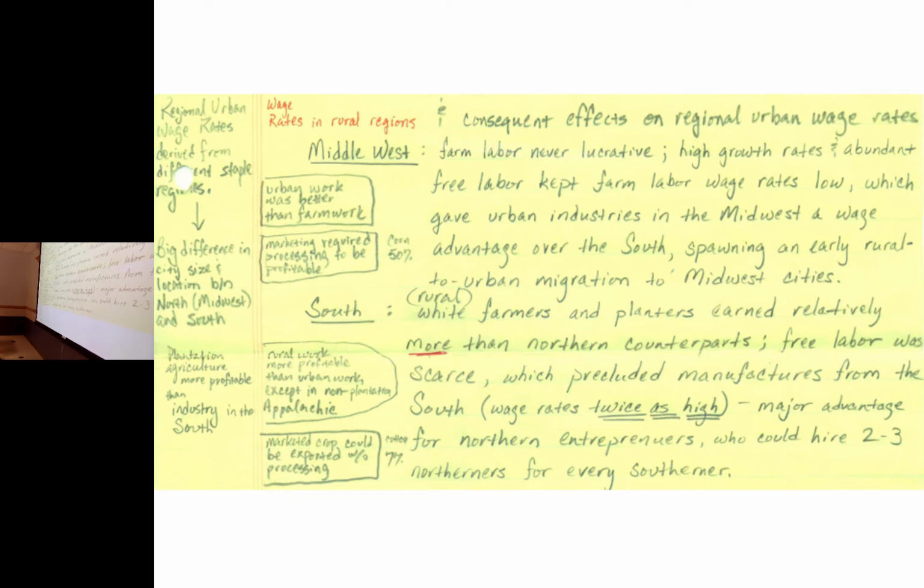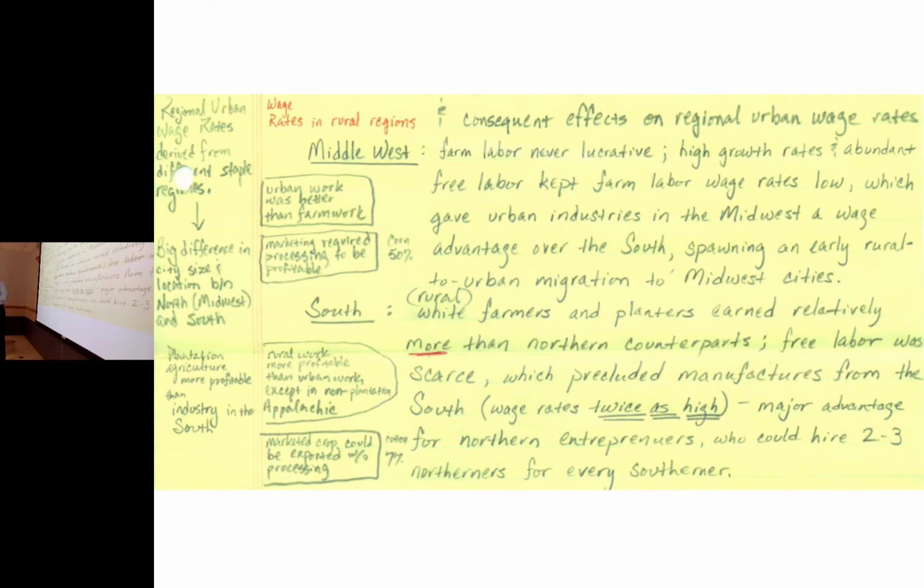Wage rates. How did this work then? This is what the so-called transfer wage is, what Earle is really getting at. And what he says is that wage rates in rural regions of the Middle West or the South basically dictated the type of development, the type of agriculture.